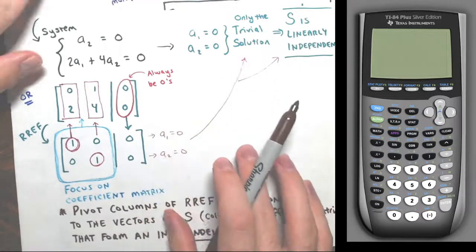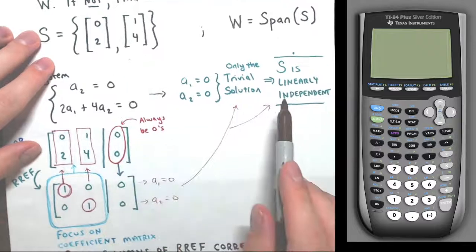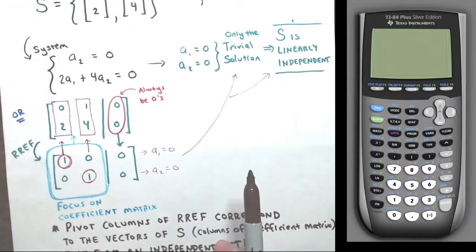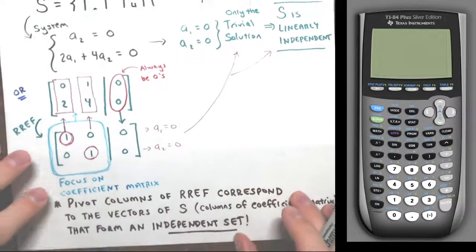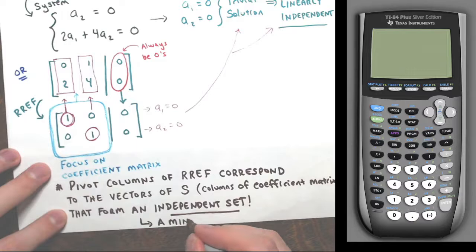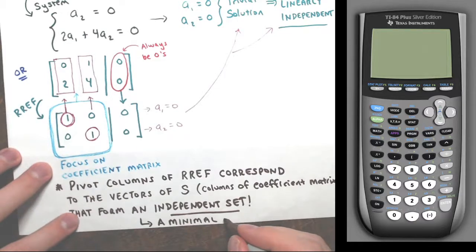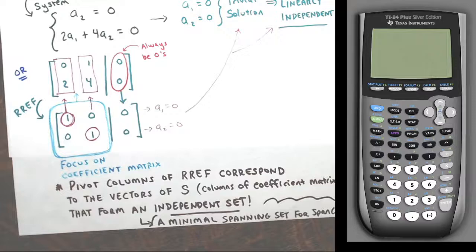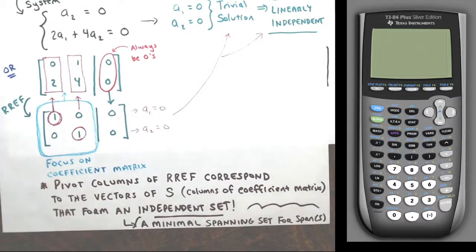The whole thing, the vectors form a linearly independent set, and therefore will give you a minimal spanning set for the span of S. Lots of stuff to take in here. All right, huge.